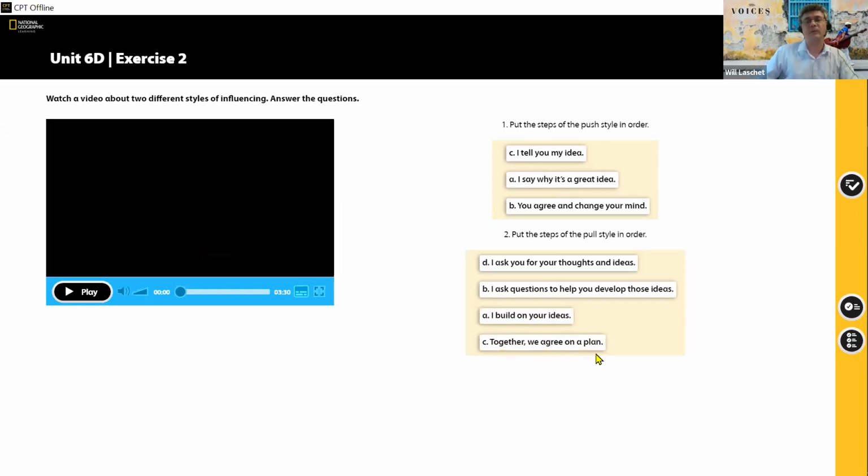And finally, together we agree on a plan. So the pull style is basically eliciting ideas, isn't it? So as teachers, this is something we're familiar with. Okay, we ask questions and we make them think that it's completely their idea, when often actually it's the questions that we are asking, okay, which leads them in that direction through leading questions. So let's just check the answers, and well done, we can see that we got all of these correct.